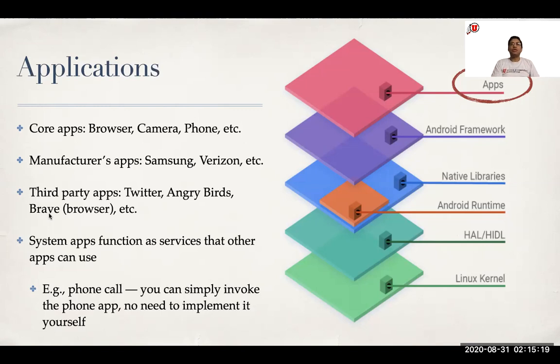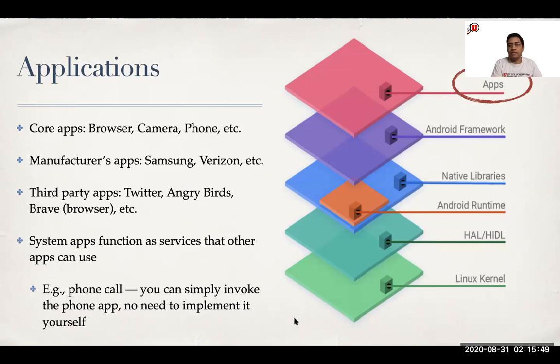System apps also have another purpose. They can serve as a service that other apps can use. So, we have an example of the phone call here, but the other example I just gave was of an SMS app. So if your app requires to make a phone call or send an SMS, instead of creating that capability from scratch, you can simply invoke one of the existing apps like the phone or the SMS, that is the texting app.